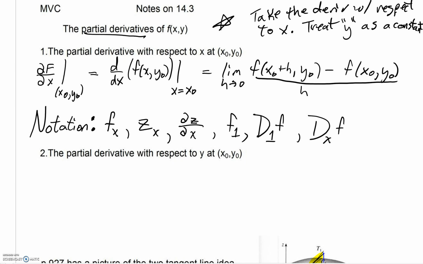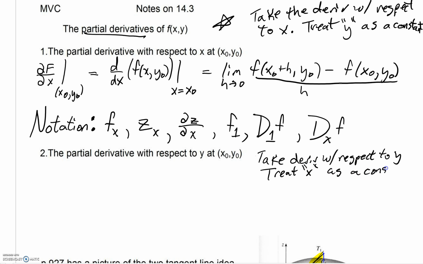Okay? Well, you might say, let me take a guess. The partial derivative with respect to y means take the derivative with respect to y, but we're going to treat x as a constant. So that's not so bad. You're going to see that there is a definite parallel down below.